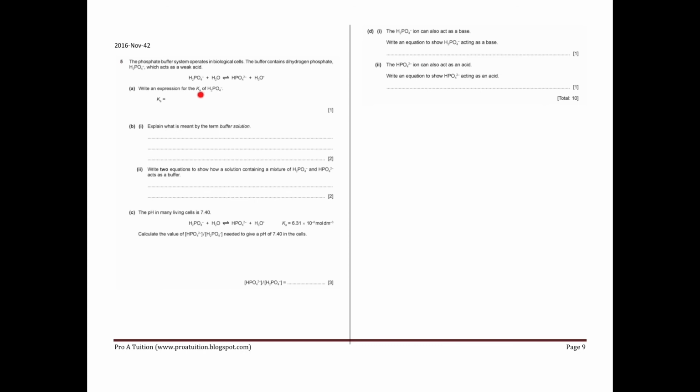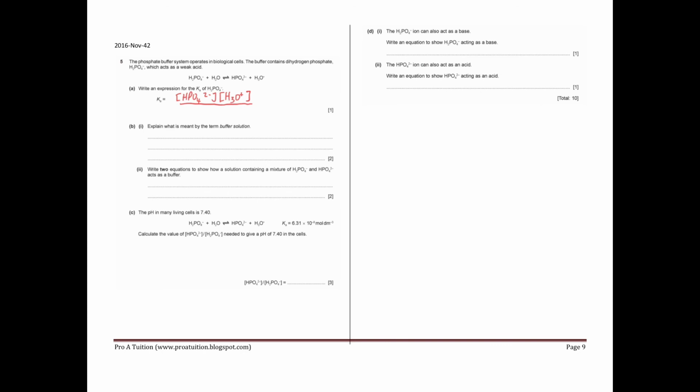So you know Ka, they don't want to see H2O. So when we write the expression, we just write product over reactant. So the concentration of HPO4 2- times the concentration of H3O+, then divide by the concentration of the reactants.